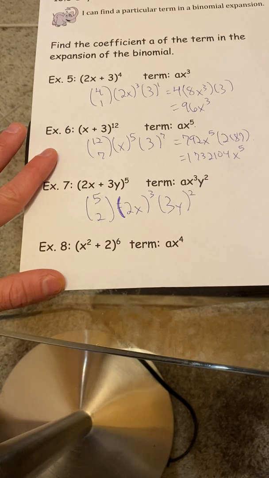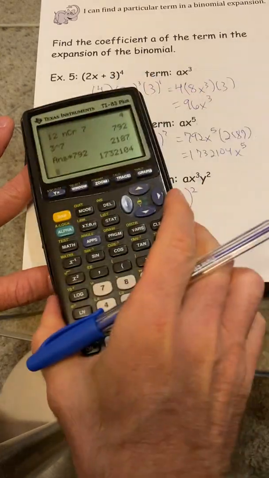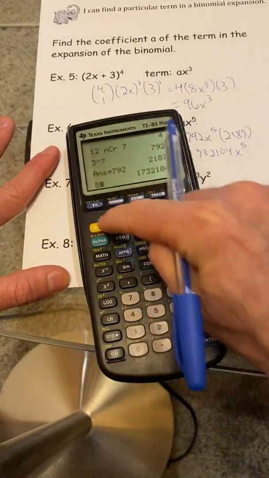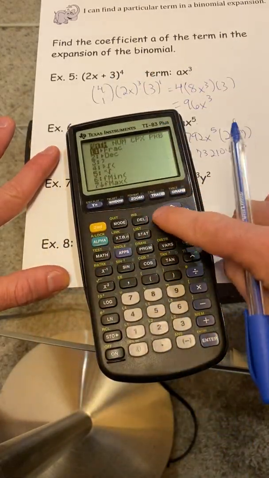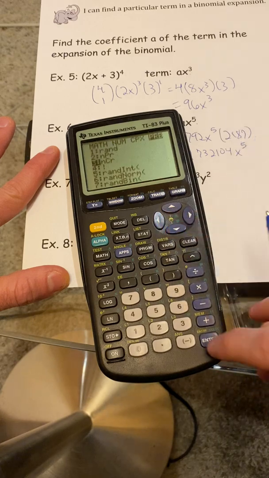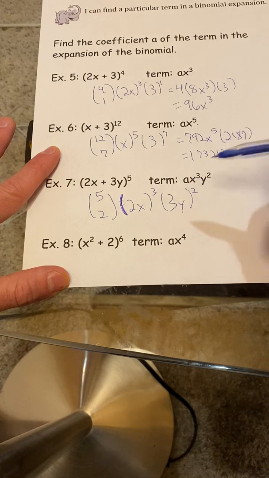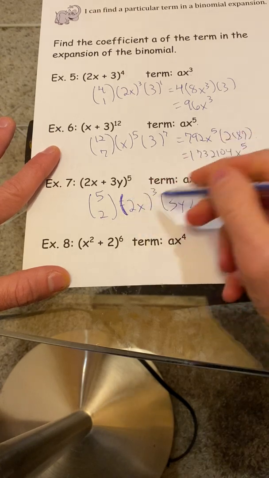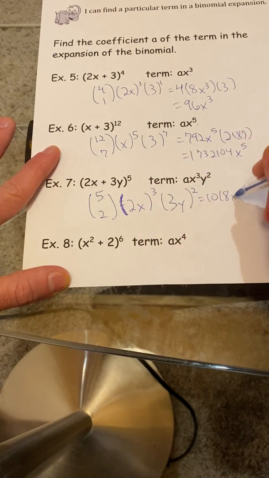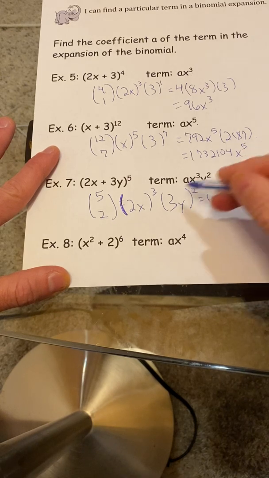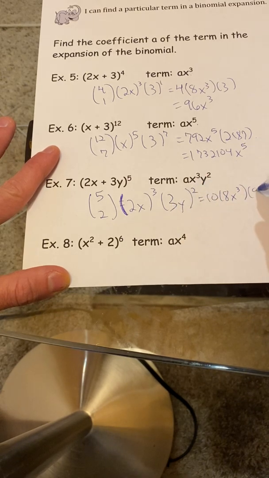And so from here, 5c2 is 10. 2x to the third is 8x to the third, and 3y to the second is 9y to the second.